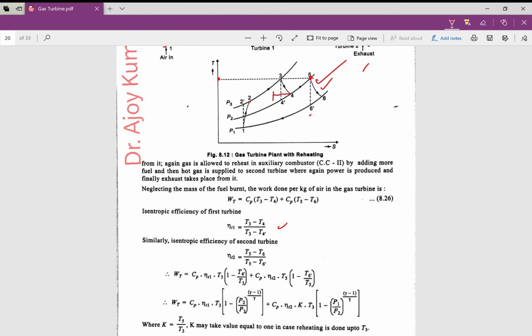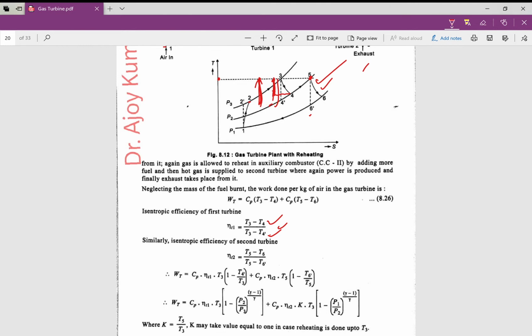This length from here to here is less compared to T3 minus T4 dash. This length is more than the length T3 minus T4. So we write T3 minus T4 divided by T3 minus T4 dash. In this way, we can easily remember it.